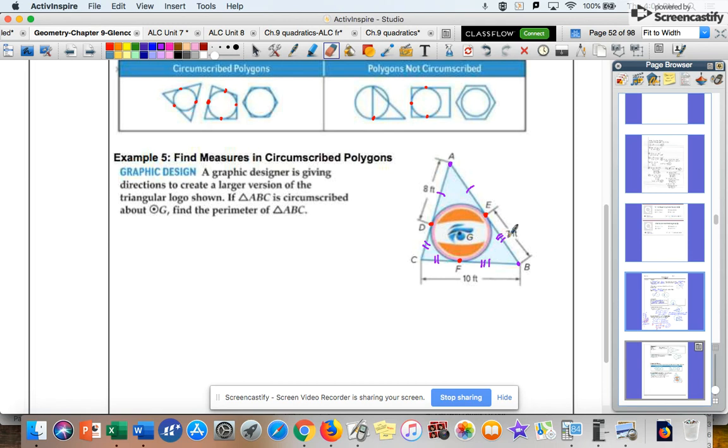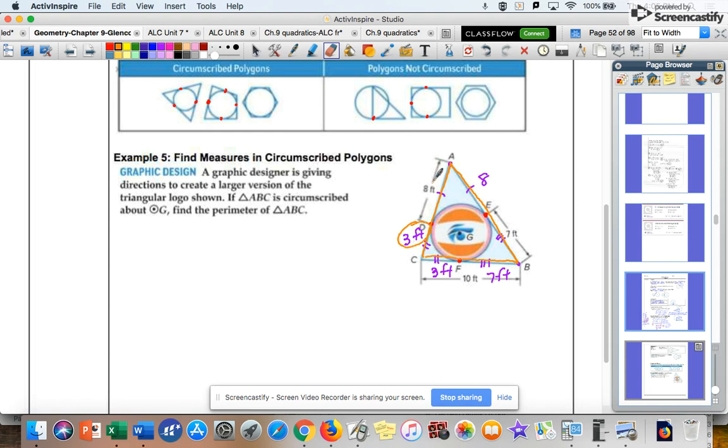Let's piece together our actual lengths, because this is not going to be overly hard once we've noticed that relationship. If this is 8, this is 8 feet. If this is 7 feet, then this is 7 feet right here. And if the entire length is 10 feet, then this must be 3 feet, and then this is 3 feet. So what is our perimeter? Here is our entire perimeter.